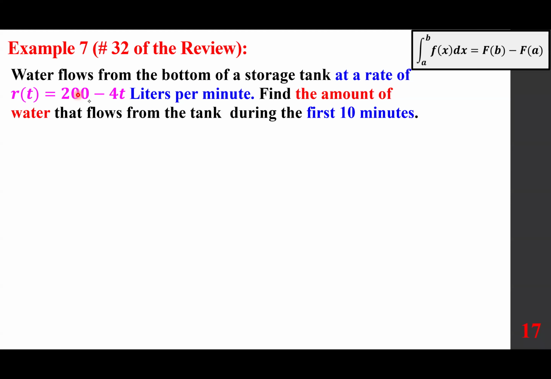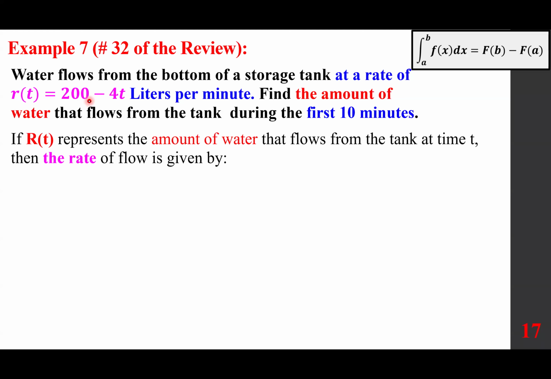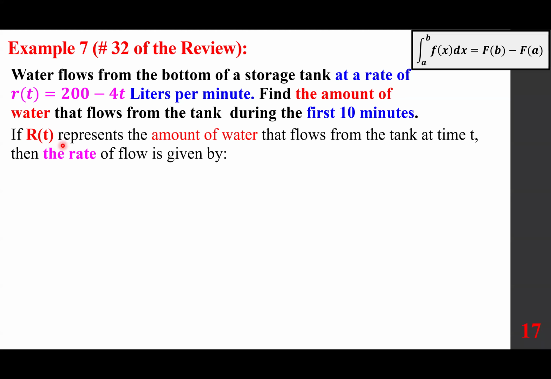So if this is the derivative of a function, then we let capital R of t represent the amount of water that flows from the tank at time t. Then the rate of flow becomes the derivative, capital R prime, which is lowercase r of t, 200 minus 4t.